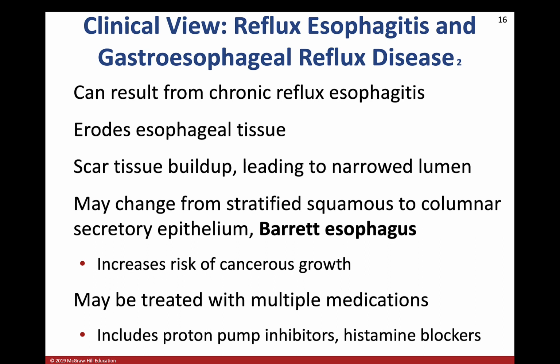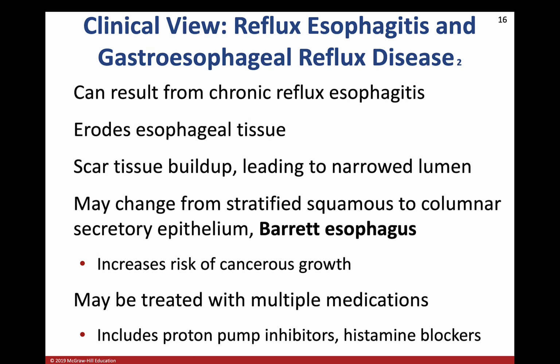Now, we can also see that this results in reflux esophagitis, and there is an erosion of esophageal tissue. And then there might be a buildup of scar tissue that results in a narrowed lumen. Now, one of the things to be concerned with is we might see a change from stratified squamous to columnar secretory epithelial tissue.